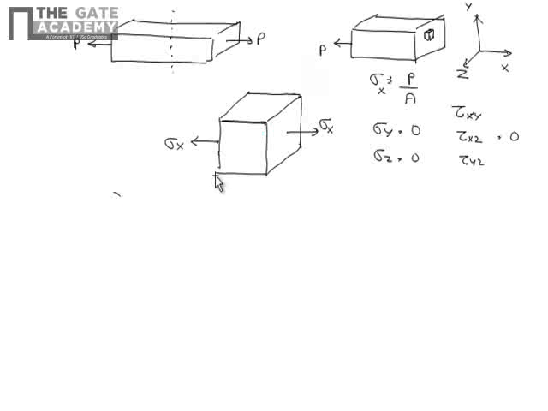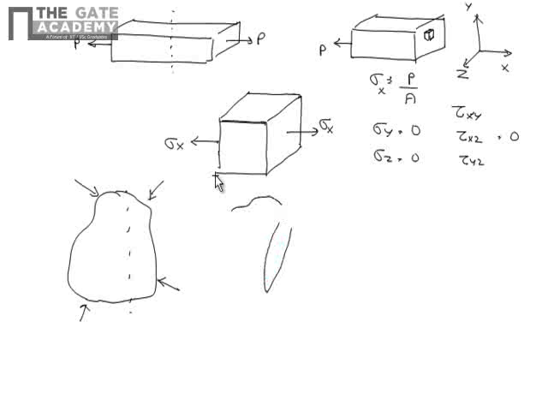Now suppose you have a three-dimensional body with an arbitrary shape, where a large number of forces are acting on the body. Now what I do is, I take a cut here. Now if I take a small cube inside this and expand that, it will have all kinds of stresses.